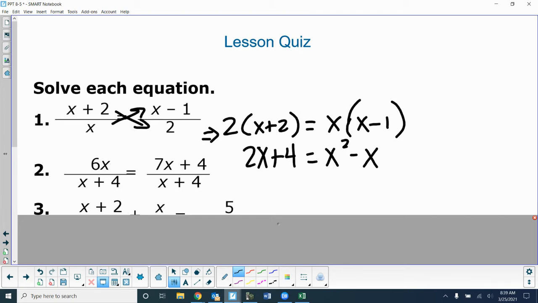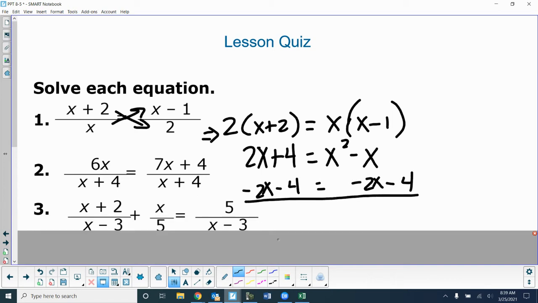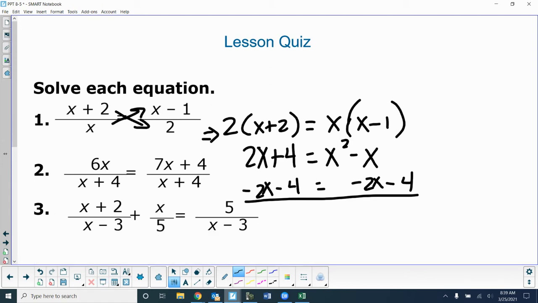So what's going to have to happen in this one, since there's an x squared in it? Equal to 0. Right. So I'm going to take the 2x and the 4 over to the other side. Then I'll get 0 on this side.